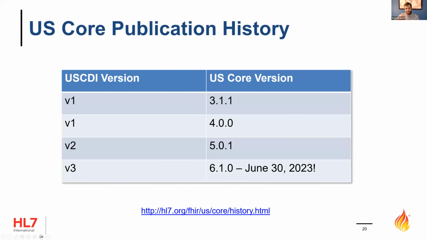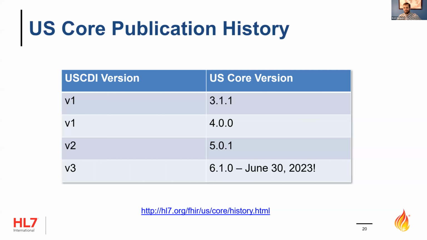In terms of a quick snapshot of how USCDI relates to US Core versions, version 1 was released, and there were two versions of US Core to support it, 3.1.1 and 4.0. For folks who want the nitty-gritty, there's an innocent phrase called "must support", describing what a system is required to support.